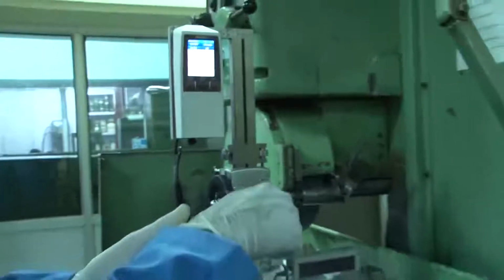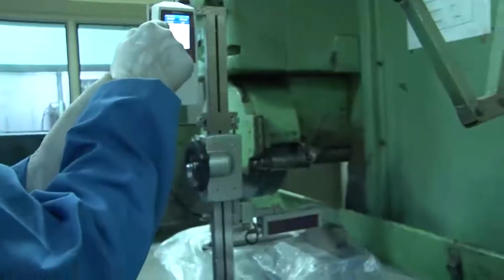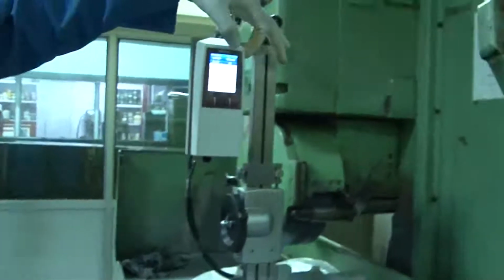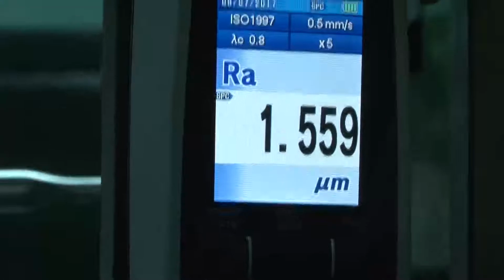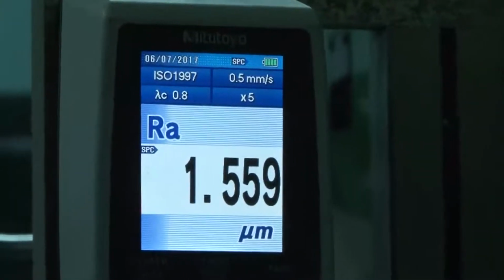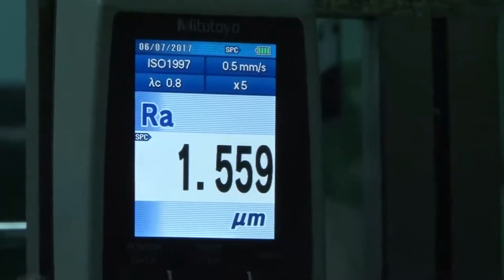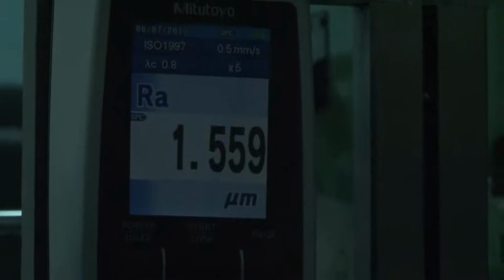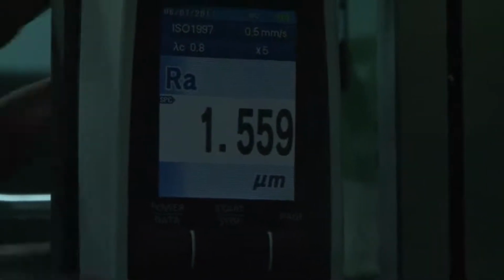The probe is moving and taking 5 samples, 5 times 0.8 mm, so it has moved a total distance of 4 mm, and given the total average Ra as this much. You also observed that it has given the graph as well.